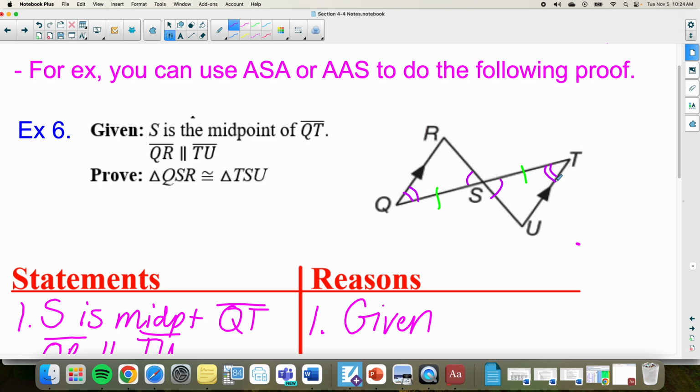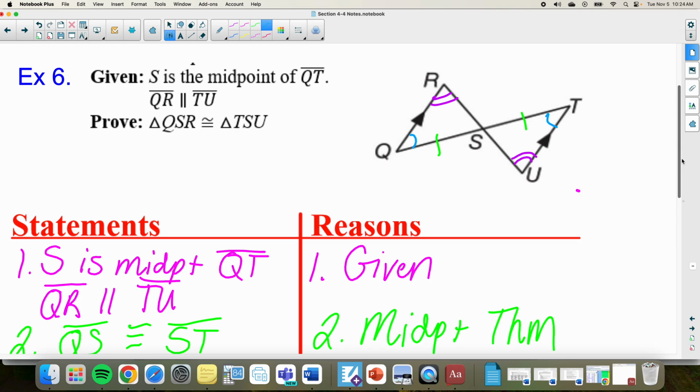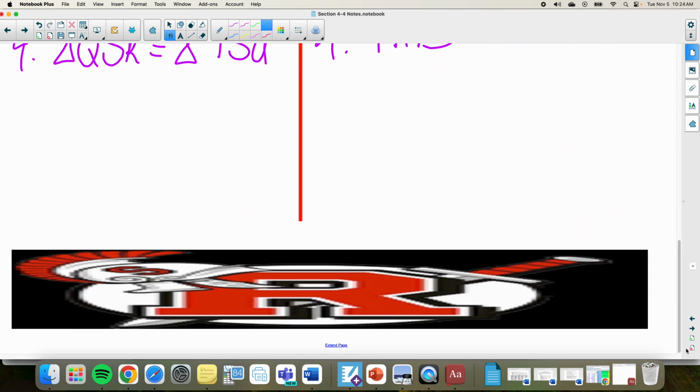Angle, side, angle. Yes, angle, side, angle. If instead they did the other two and did R and U, then what would that be by? Angle, angle, side. Do you guys get that? So there's really 3 different ways to do this one. Just kind of depends on what ones you choose. No one's wrong. I would know that there's more than one way. You don't have to worry about that.